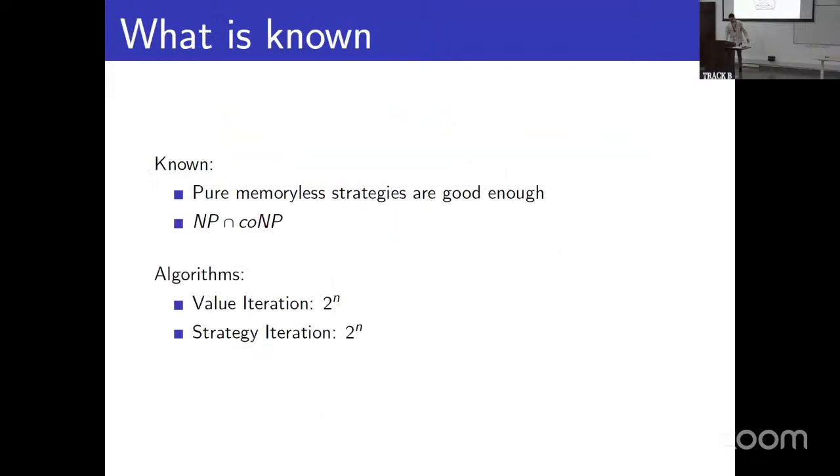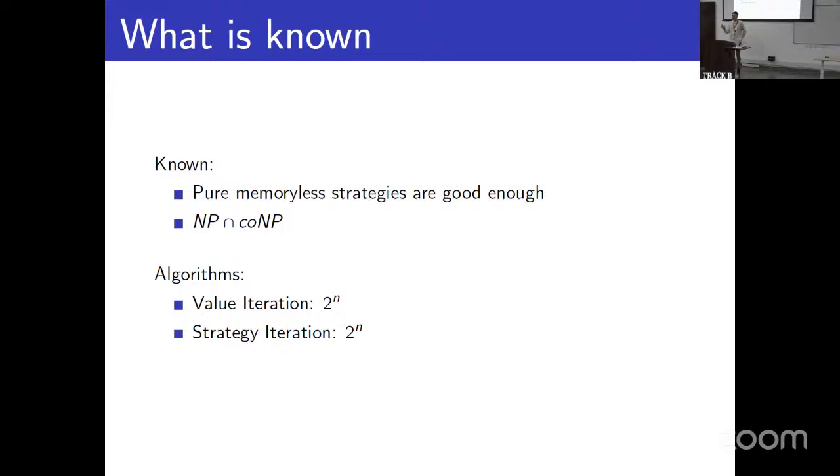So what do we know about these games? Pure memoryless strategies are good enough. That means that if we are in some vertex and have some decision to make, we can just make the same choice forever. It doesn't depend on history, on how we got there, but there is always one choice.